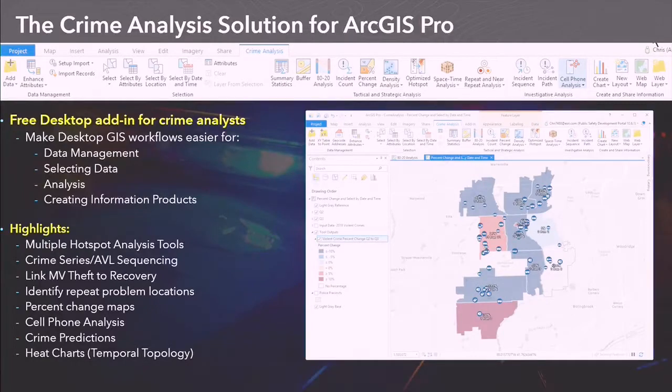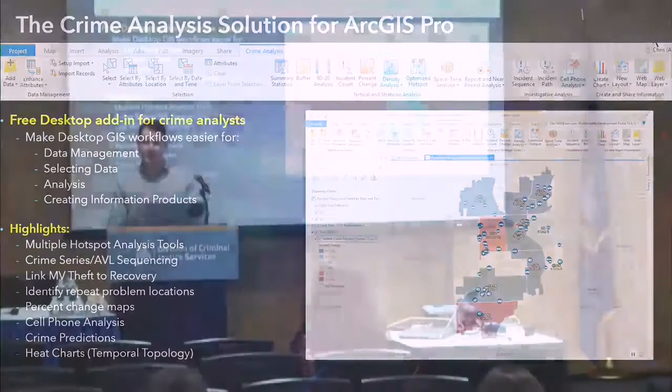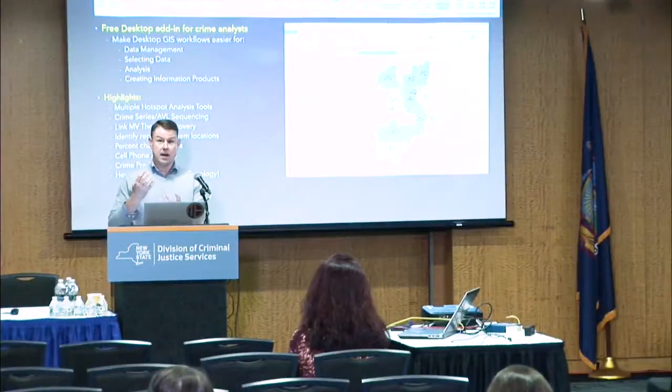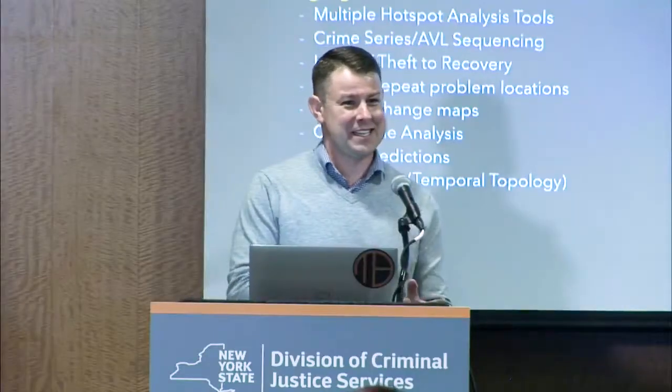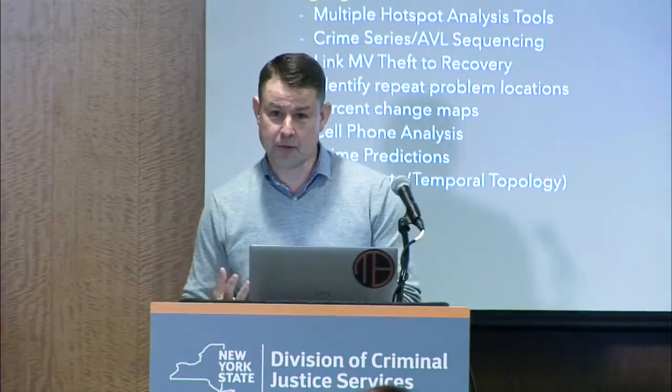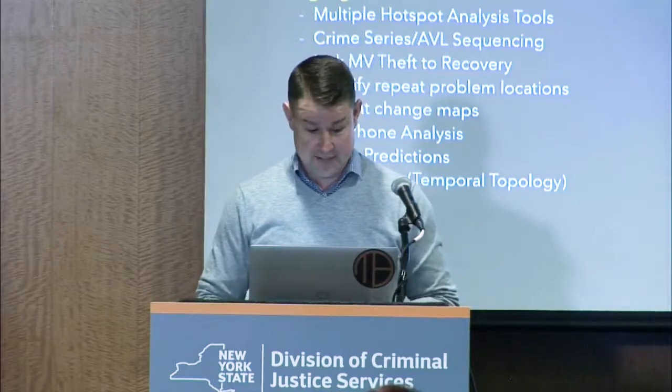So the idea here is it's getting you to a final version of the analysis quicker. That's not to say that the symbology or the labeling is 100% what you want, but at least it's a start, and it'll get you a little bit further down the road to completing your analysis faster.